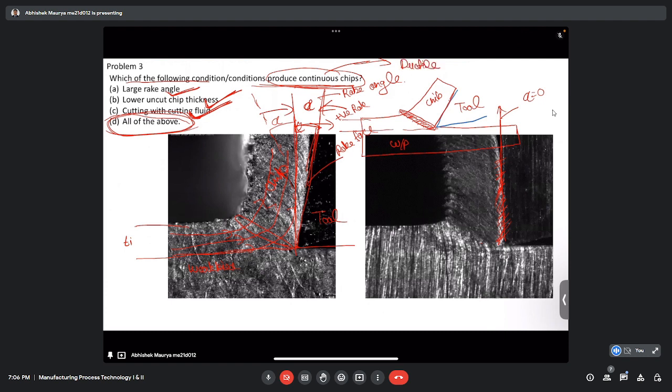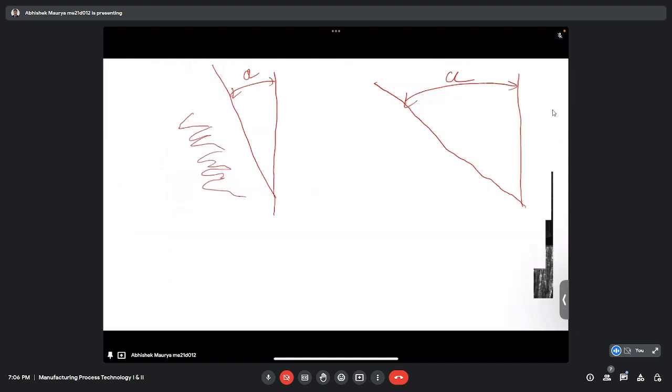But if we change the nature from ductile to brittle, then it is more expected to get discontinuous chips. That can be done in many ways. Okay, is it clear to everyone? Any of you have any doubt? Okay, we will move to the next problem then.